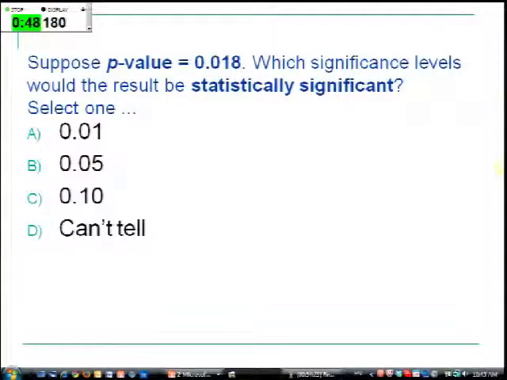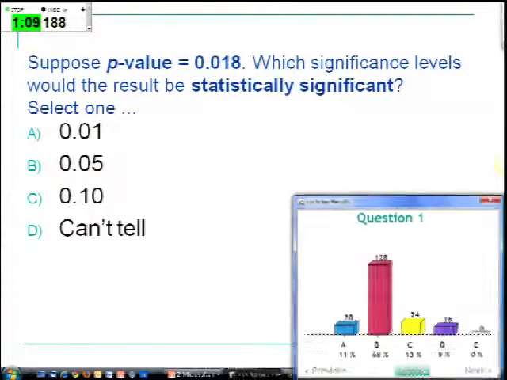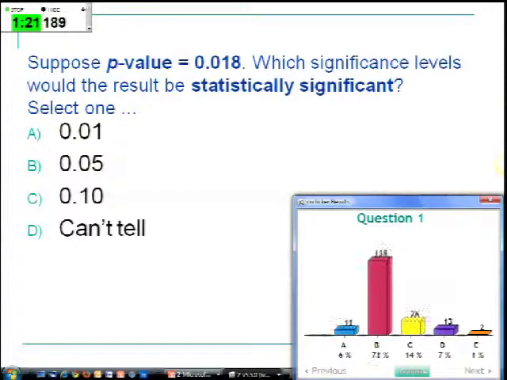I'm having you pick the alpha, the alpha at which you would be statistically significant. All right, there are some answers coming in, and they are not all consistent. A lot of you are picking B, and that would be a correct choice. Also, those who are picking C, it is a correct choice, but not A.